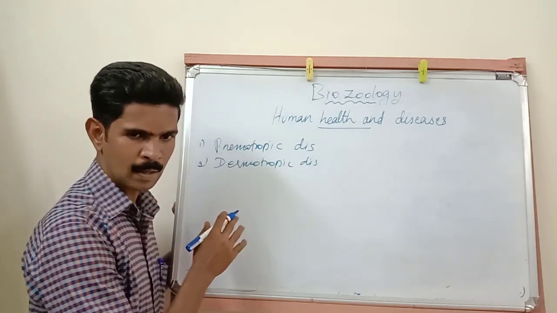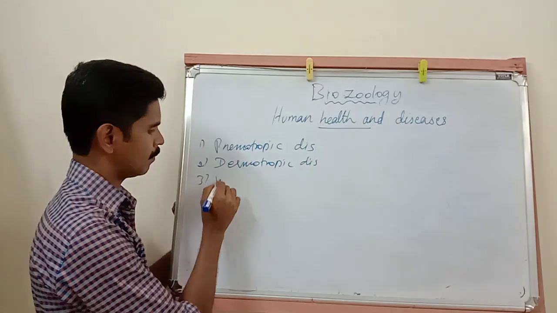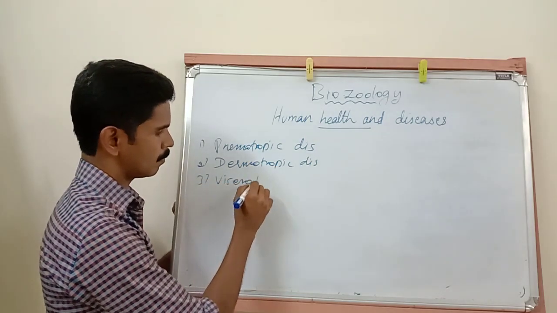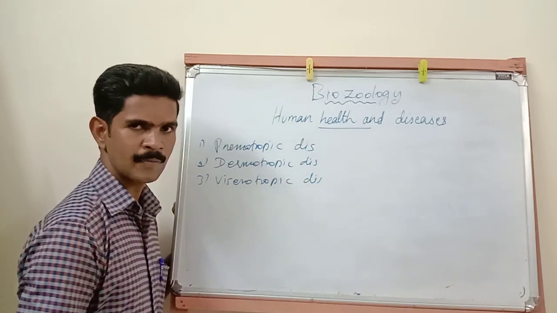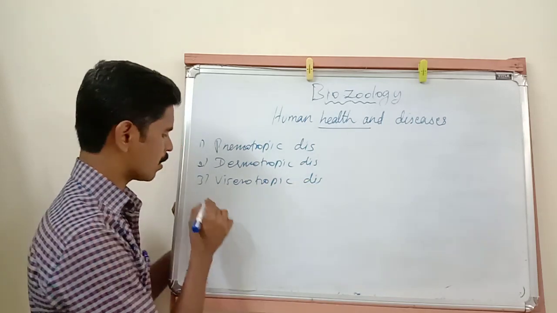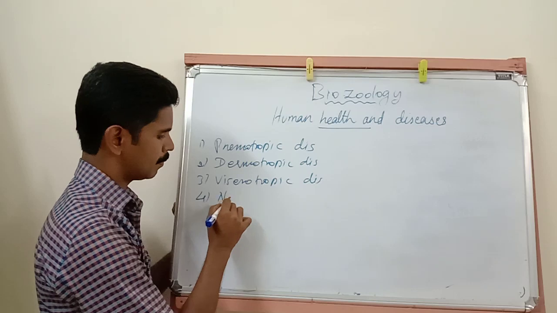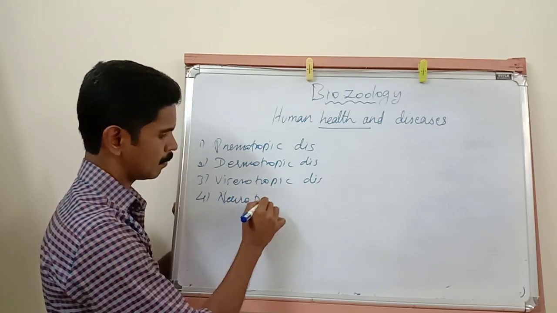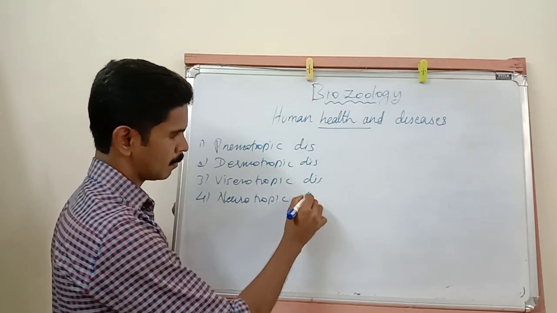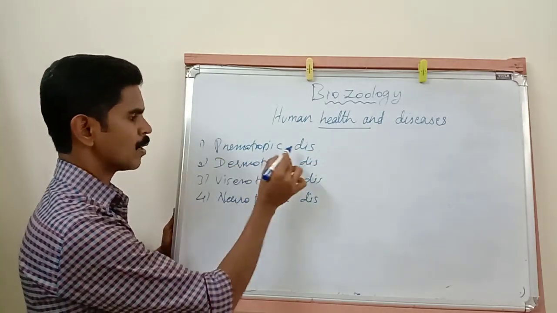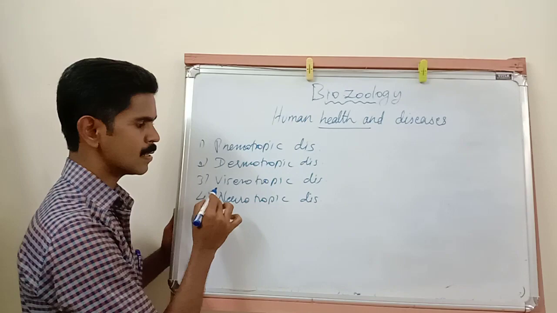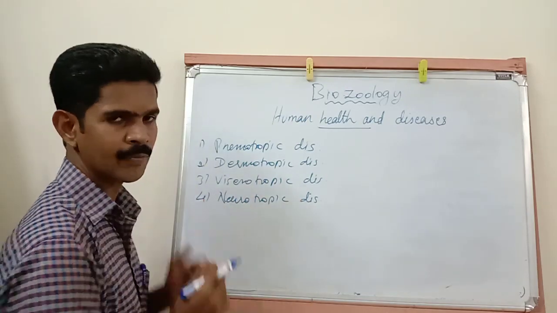The third one is called viscerotrophic disease. The last one is called neurotrophic disease. Understand? So: pneumotrophic disease, dermotrophic disease, viscerotrophic disease, and neurotrophic disease.